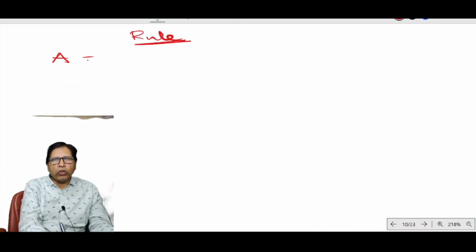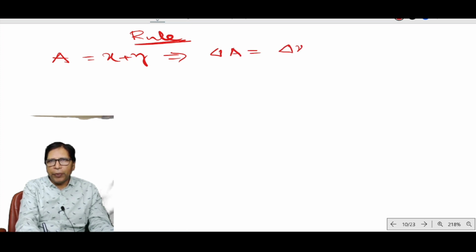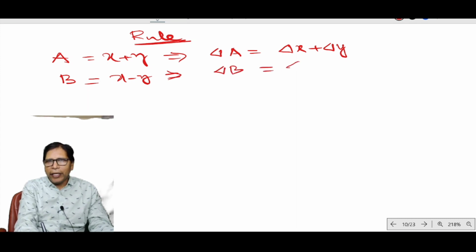Next, rule of addition. Suppose a equals x plus y. So the error of a is the arithmetic sum of the error of x plus the error of y. Now the error of b, if b equals x minus y, is also the sum of the arithmetic errors of x and y.